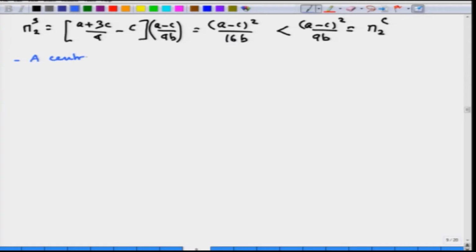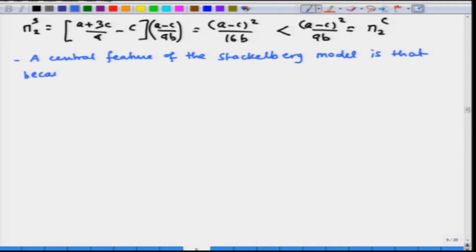So, a central feature of the Stackelberg model is that because one firm, which is firm 1, moves before the other, the outcome is different for the two firms.